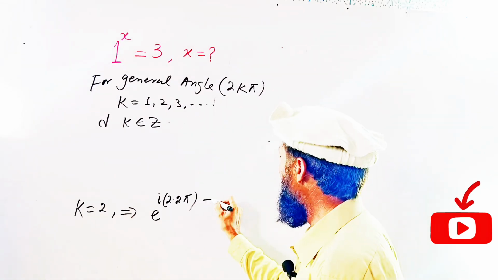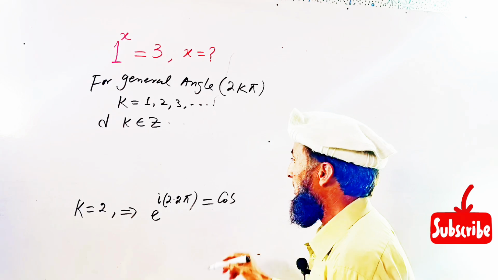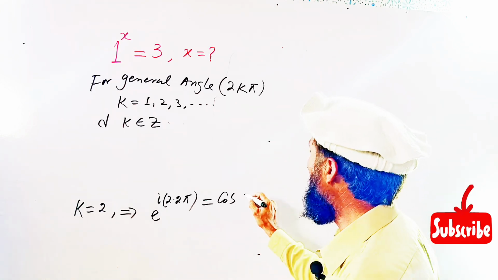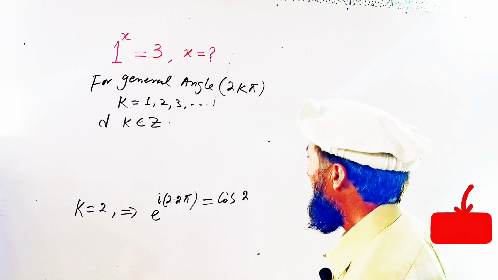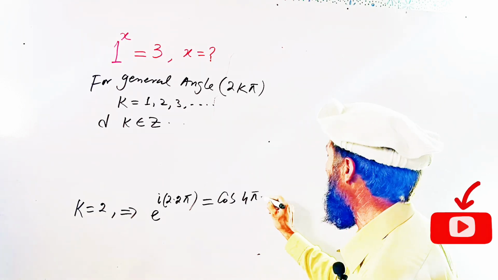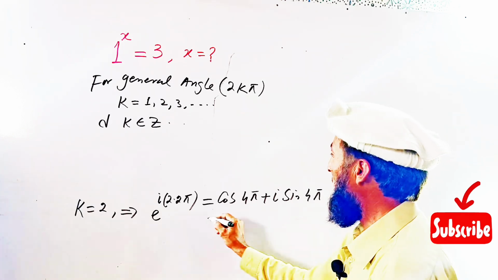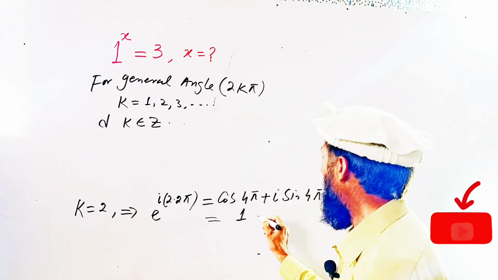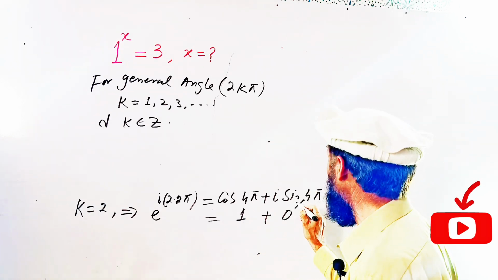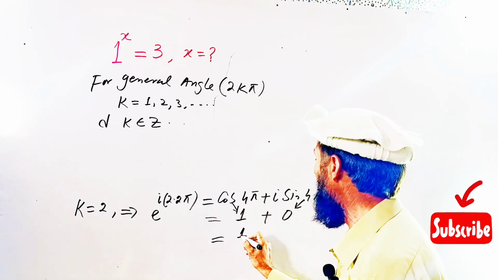So cos 2 pi and in place of 2 pi we get 4 pi, plus iota sin 4 pi. Again we get here 1 plus 0, so the whole result is equal to 1.